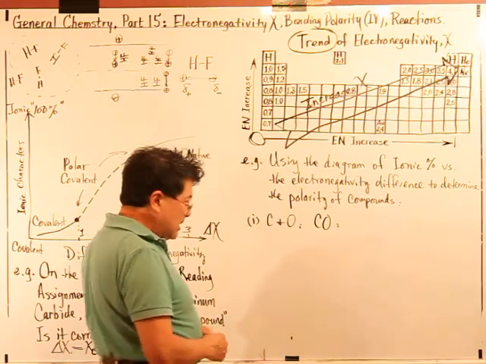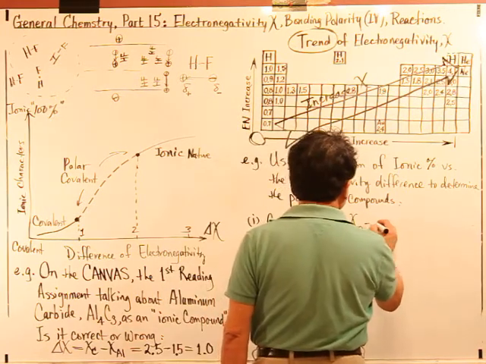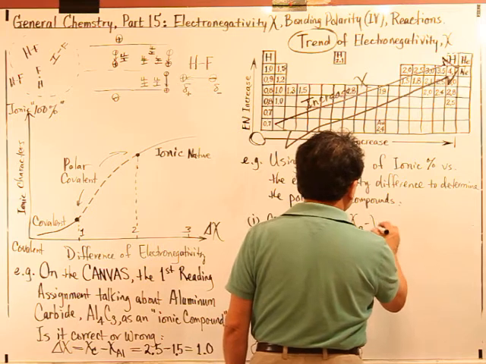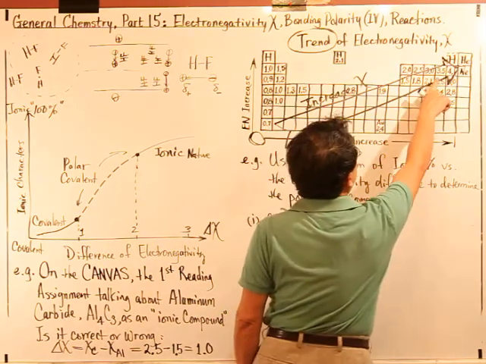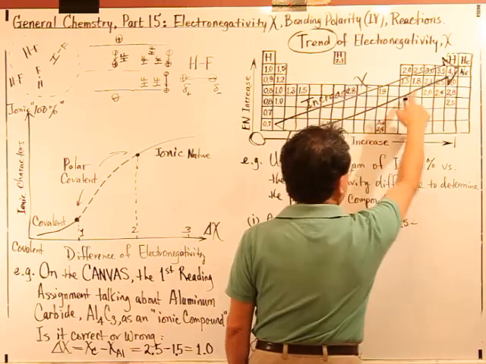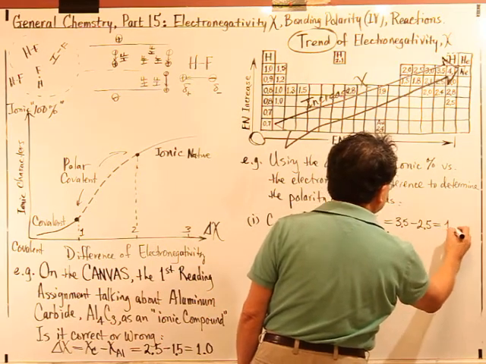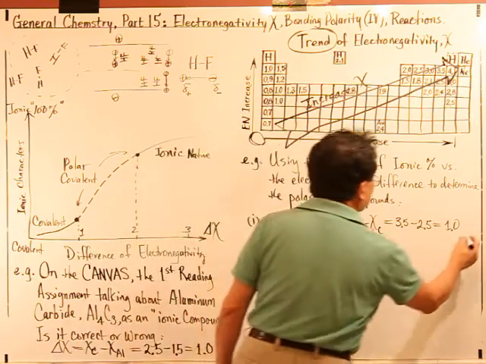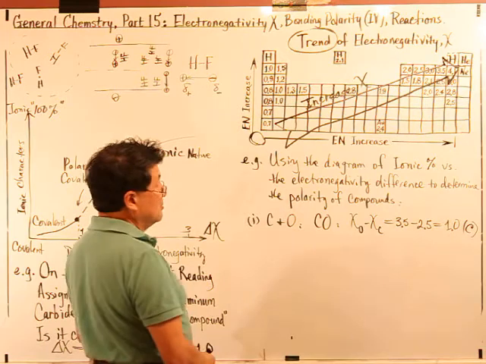Ionic or covalent? Let's see the chi. The chi for oxygen is bigger, and it is 3.5, minus carbon at 2.5. Then the difference is exactly 1.0. So what do you say? Of course, it's covalent, right?